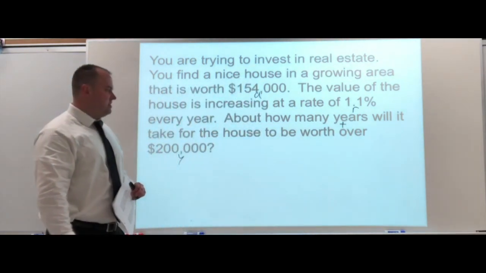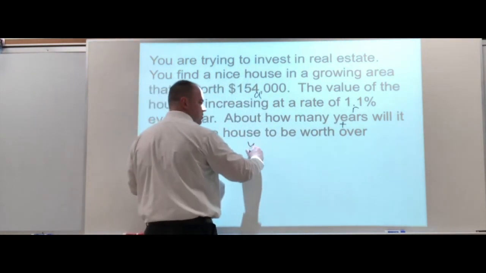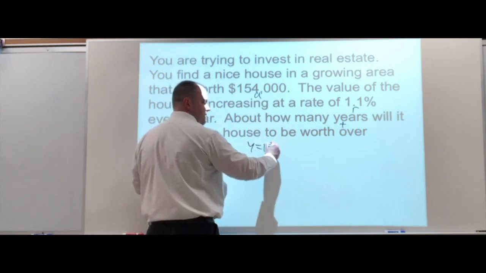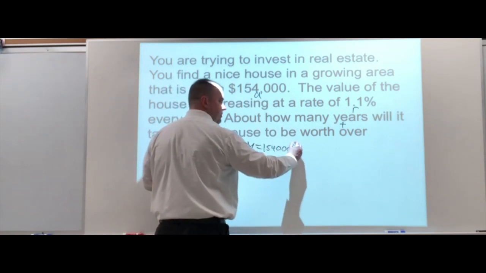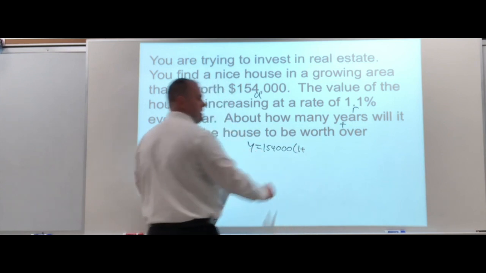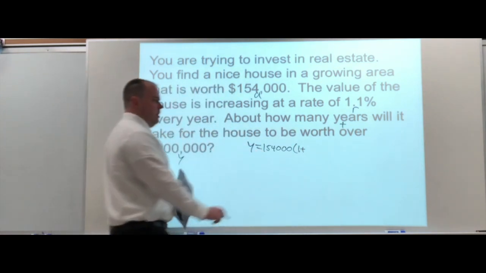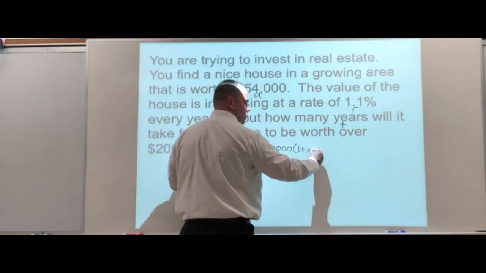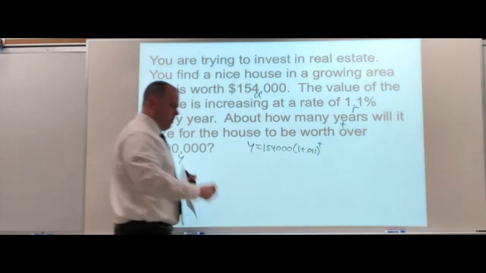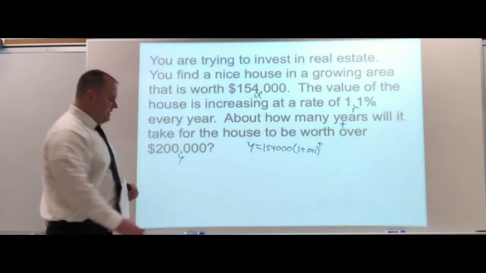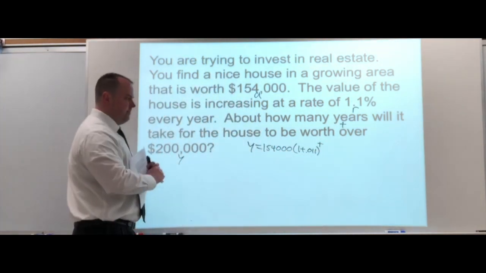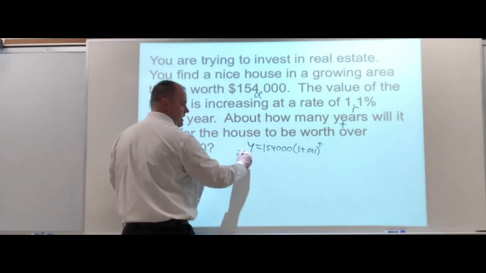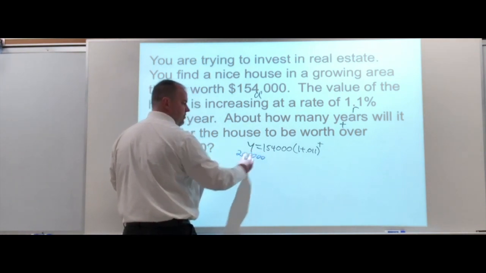So this time, if you would set this up, y equals 154,000, 1 plus, it is increasing by that rate, 1 plus 0.011 to the t power. So we want to know, what does that t have to be to make that y equal 200,000?